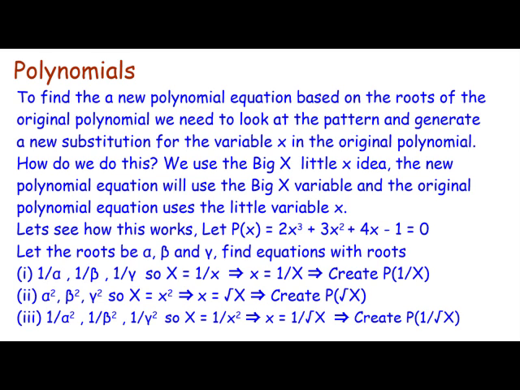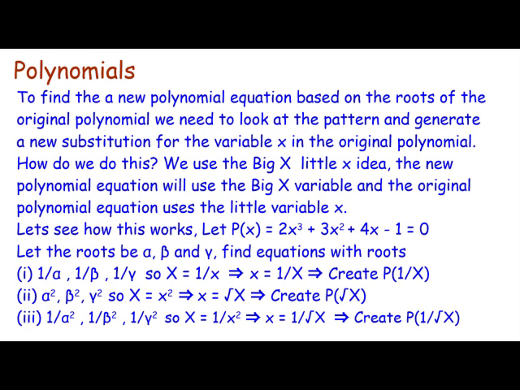Obviously it's a degree 3, and you can see that I've got the reciprocal of the roots. So I say the new polynomial variable big X is equal to 1 on the little x, the little roots. Then we rearrange this to make little x the subject, which is 1 over big X, and then we create what's called P of 1 over X.